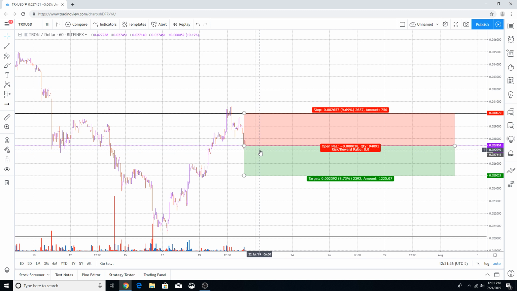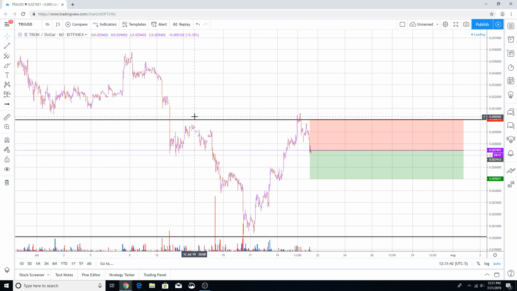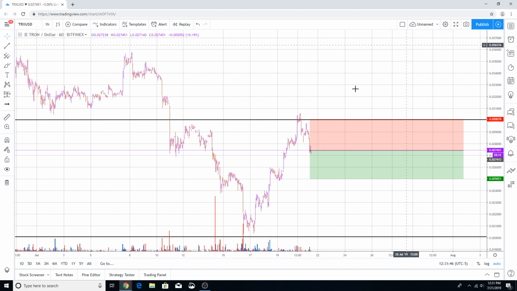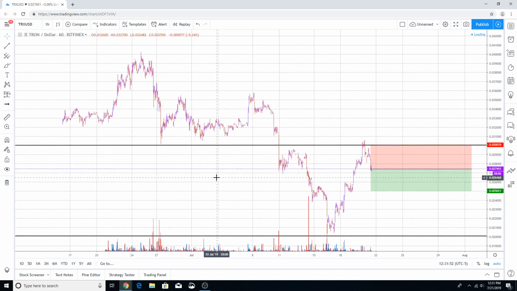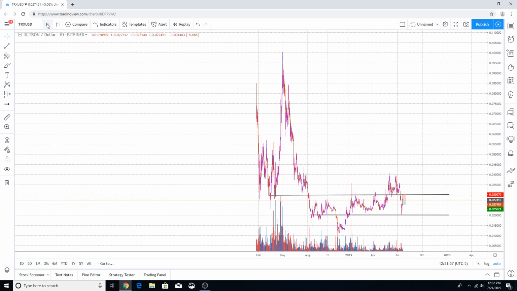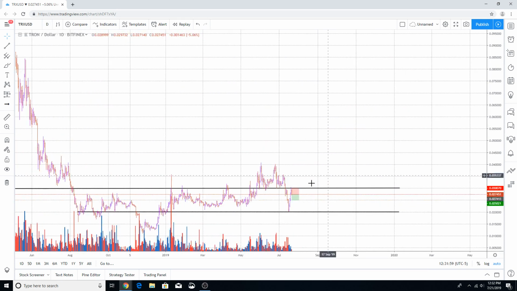Now, the quicker we find support in the market in Tron, the better our chances of breaking that 3 cents to the upside. So this is our expectations in the short term. Give us your expectations as to what you think Tron is going to do in the near term. Long term, the market just looks to be holding some consolidation of trading. So this is what we're looking at.